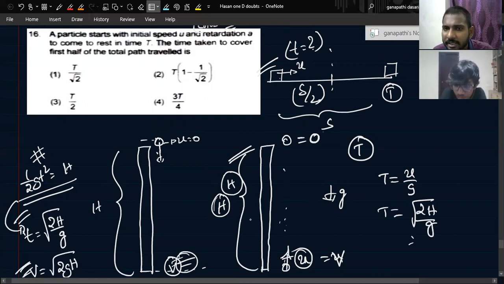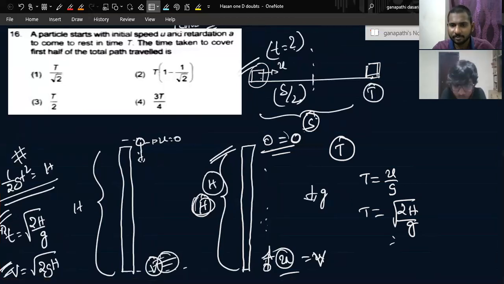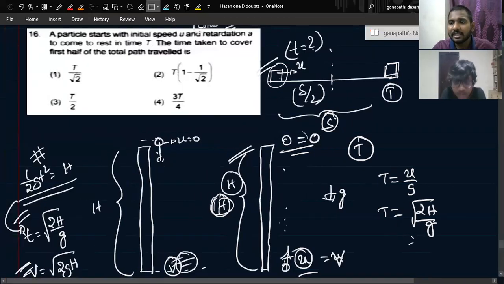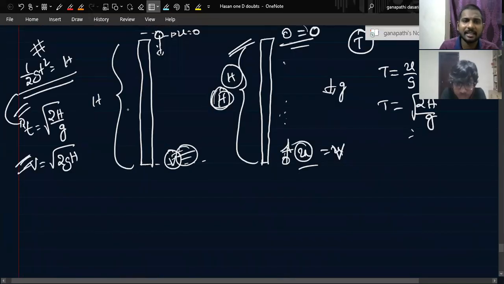According to the given information, can you relate both of them? Initially it started with velocity u, slowly it slowed down, and finally it came to rest at a displacement s. Here h, here 0, here it is u. You got this, Hassan? So if I understand these two motions a bit better, I can solve the given question easily, isn't it?